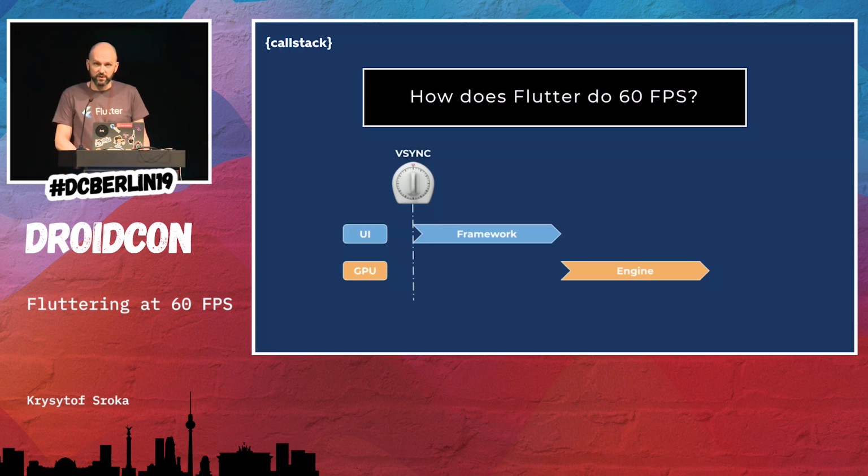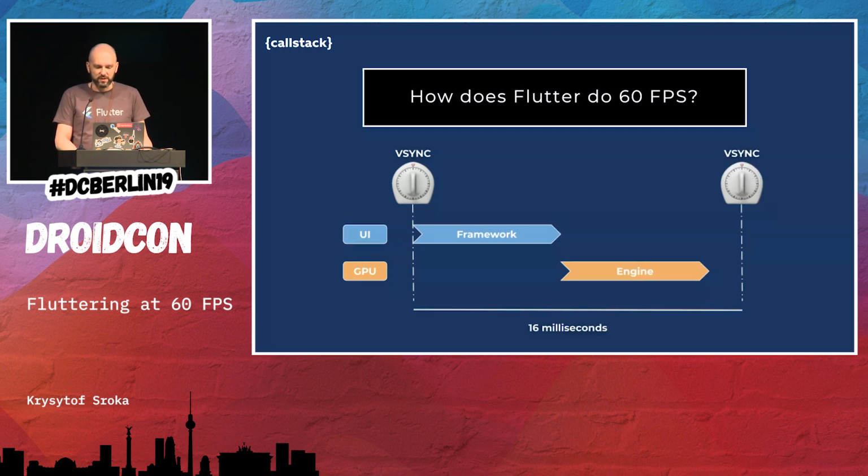And the other thread runs the Skia graphics engine and all the operations later on. I'll focus on the framework part, because optimizing the engine is not something you would ever do. The Skia engine is really, really complex, and you probably don't think about going that deep. However, some things, of course, affect how Skia works, and I'll talk about them.